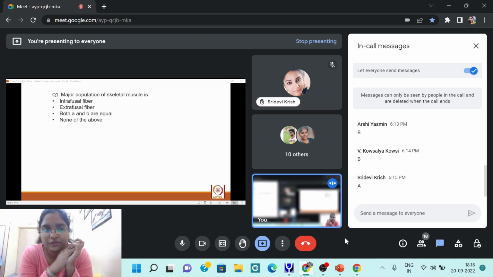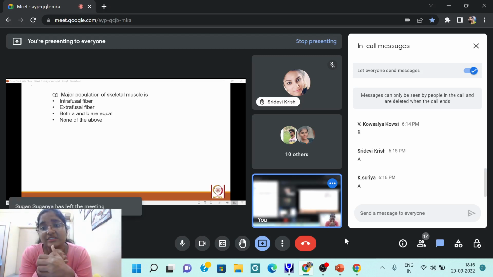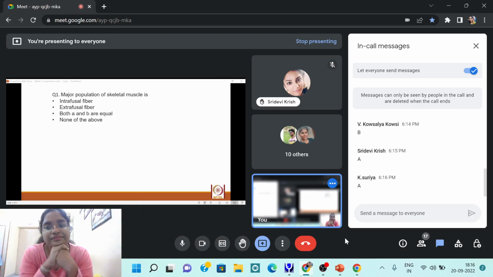How are they different from each other? Here in this question, we are talking about skeletal muscles. I can see there is some confusion. Some are saying intrafusal, some are saying extrafusal. What is the correct answer?